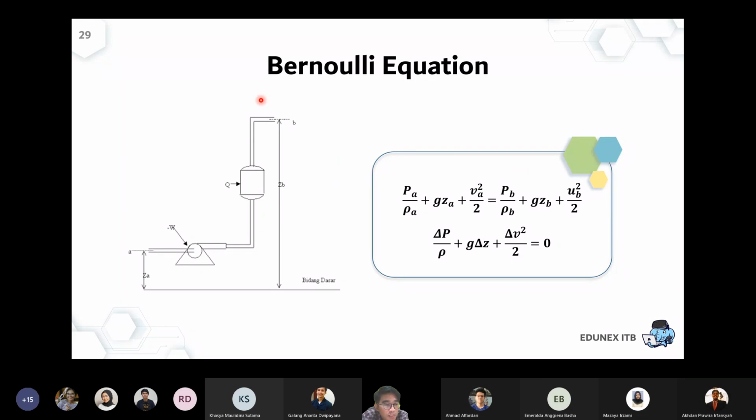If you see this arrangement, this is point A, this is point B. What types of energy will change?